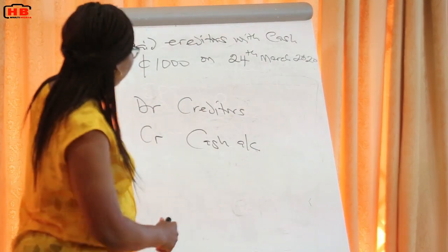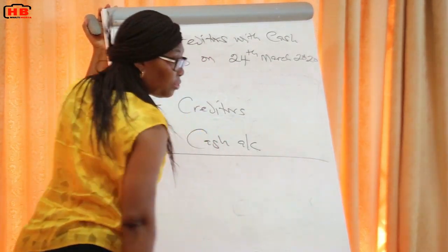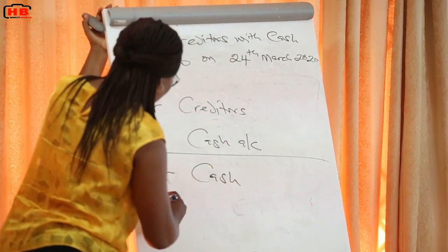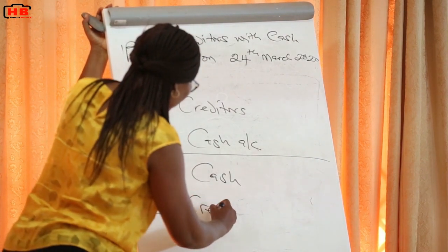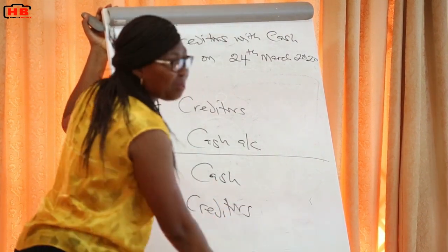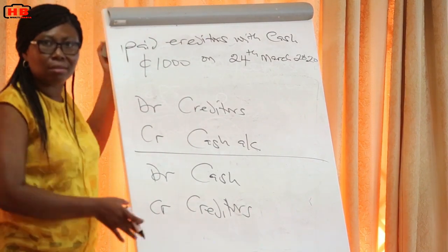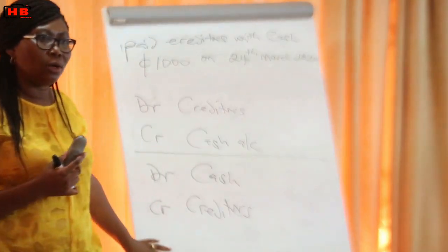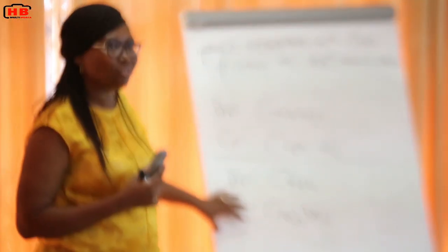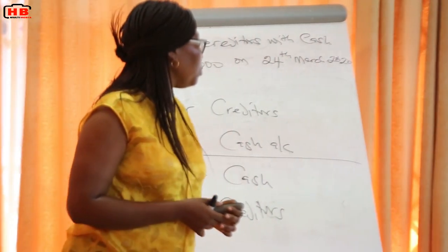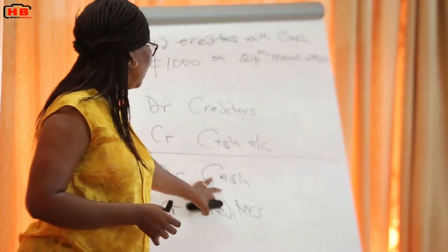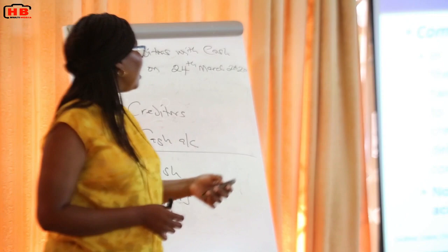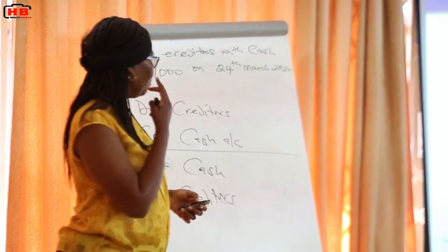But with complete reversal, you would have done the wrong thing, and that would have been debiting cash and then crediting our creditors. And that would have still balanced the trial balance because the double entry has been observed. The only challenge here is that the entries in themselves are wrong. In order to correct this, we would have to reverse the original entry, and that's why it has the name complete reversal.